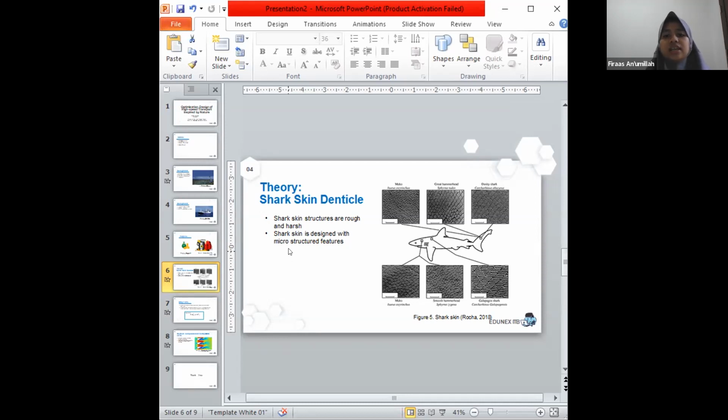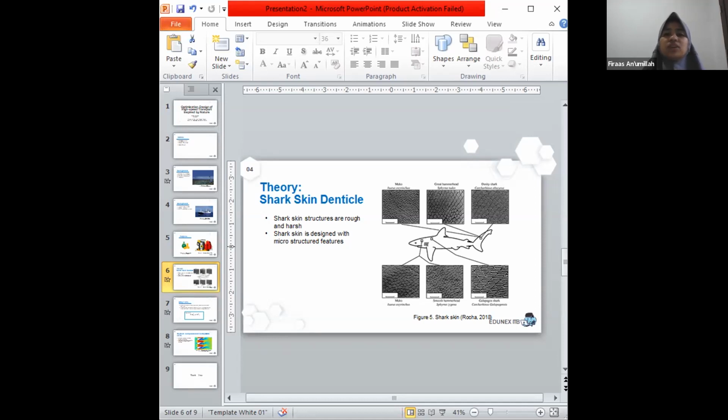Then shark skin is designed with microstructure features that effectively control naturally occurring turbulent vortices, which leads to less momentum transfer and shear stress, and thus reduces drag. The study includes the investigation of drag reduction inspired by nature, such as drag reduction due to the unique structure of the shark skin denticles.